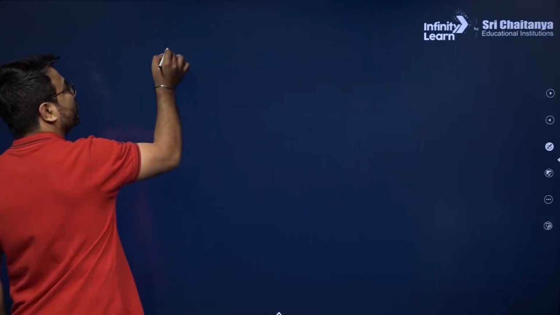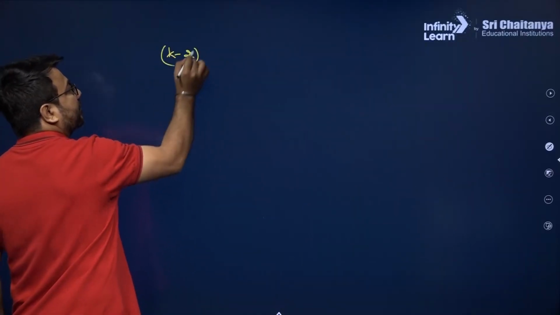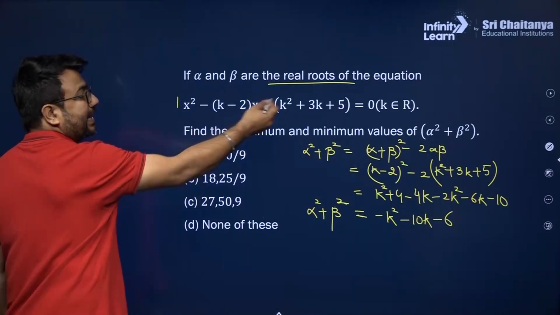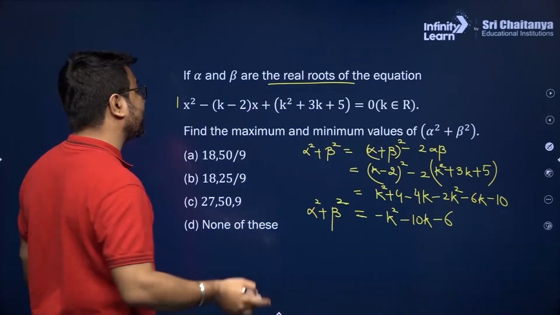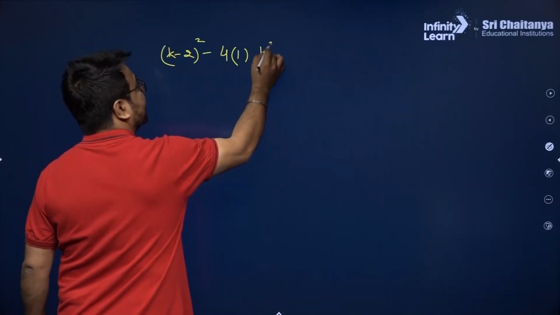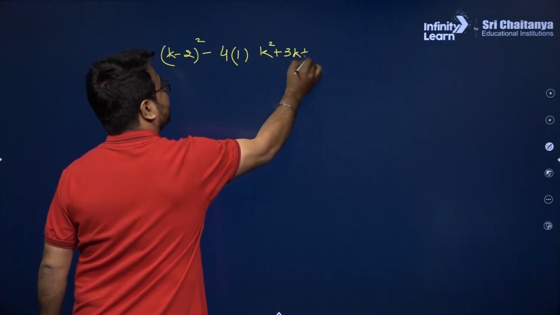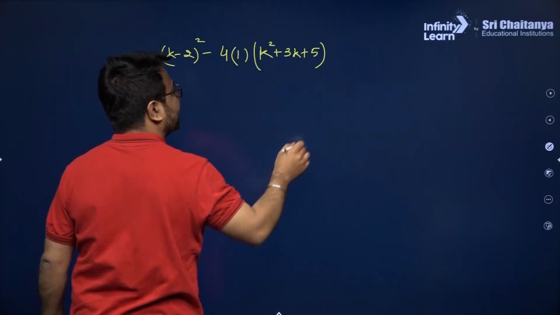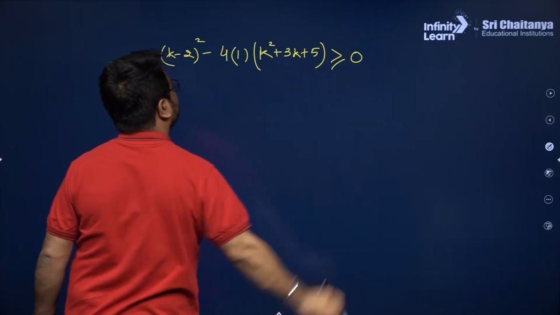So b square is k minus 2 whole square, minus 4 into a, which is 1 over here, and c is k square plus 3k plus 5. So I am writing here k square plus 3k plus 5. So b square minus 4ac should be greater than or equal to 0.